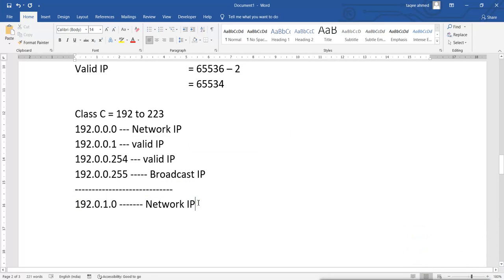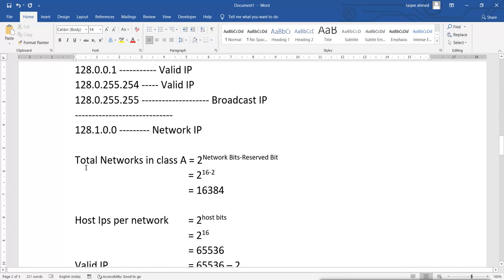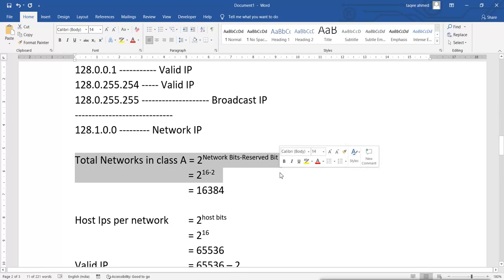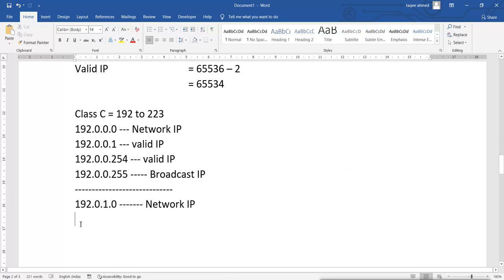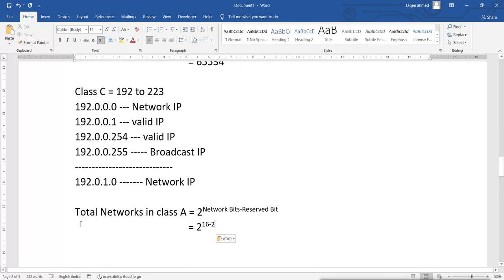Now how many networks are you getting here in class C? Again, you will see the formula: 2 raised to network bits minus reserved bits.